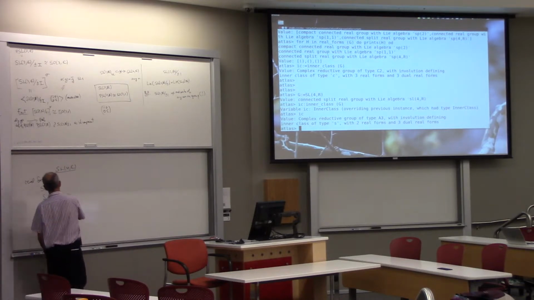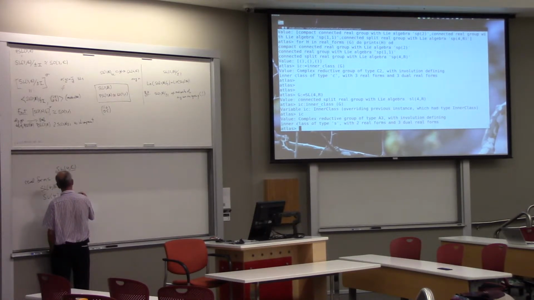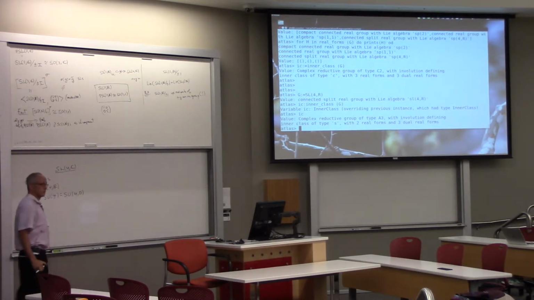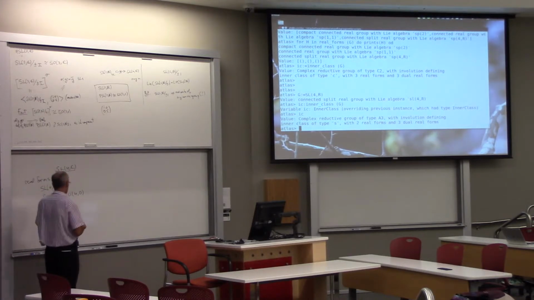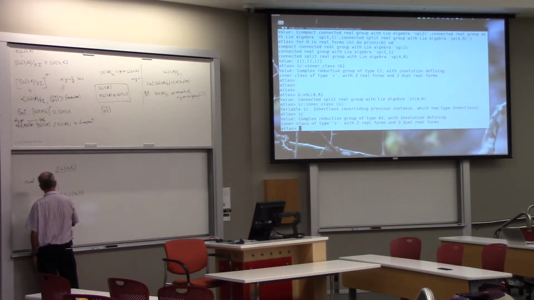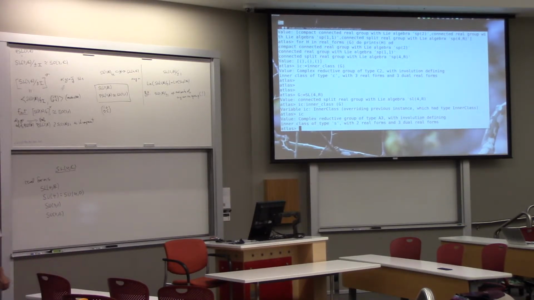Which is to say, SU40: the unitary group on a complex vector space of dimension 4, preserving a Hermitian form of signature 40. So that tells you some other groups, SU31 and SU22. Any others? Quaternions.